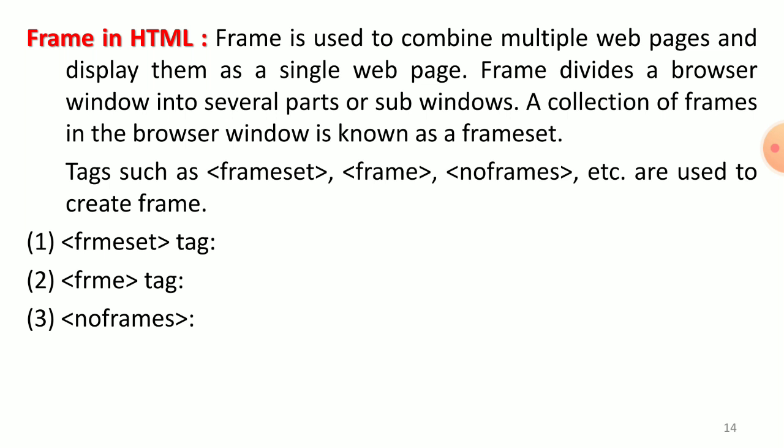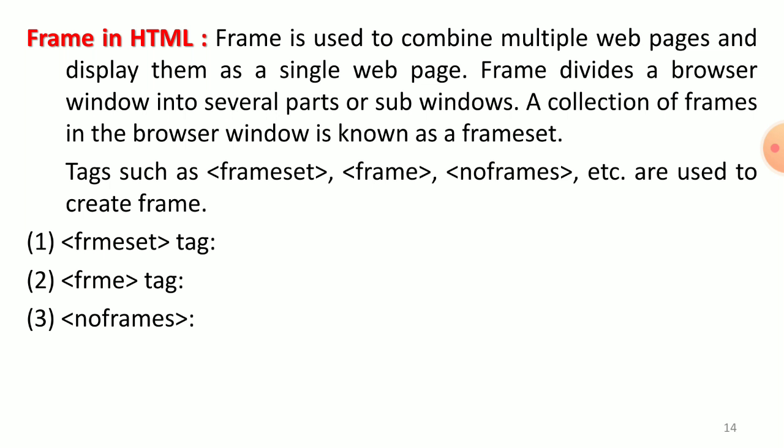Rows attribute of the frameset tag divides the browser window in horizontal parts. Each value for the size of a frame is separated using commas. Example, frameset rows equals 20%, 60% and 20%. That means 100% you have completed.